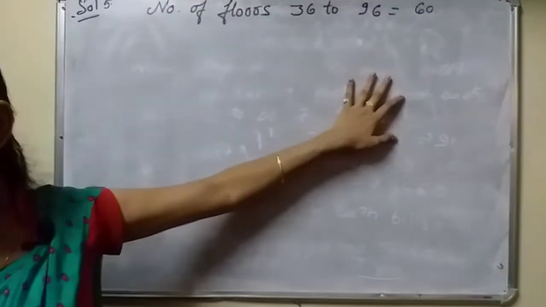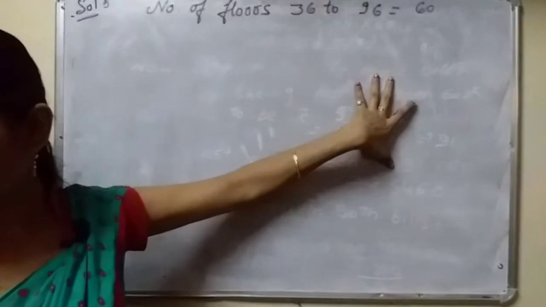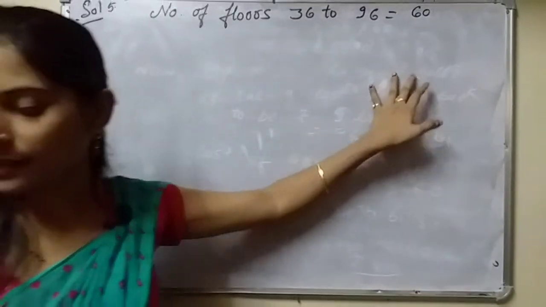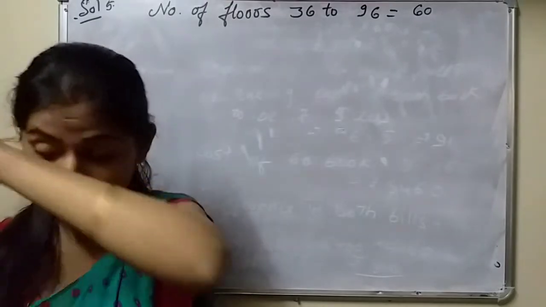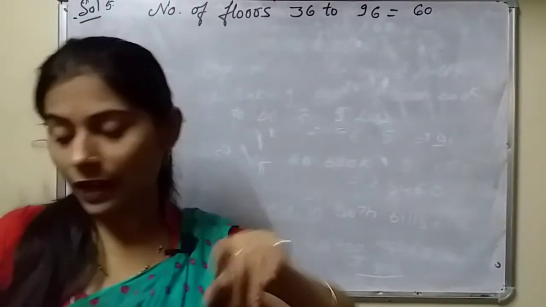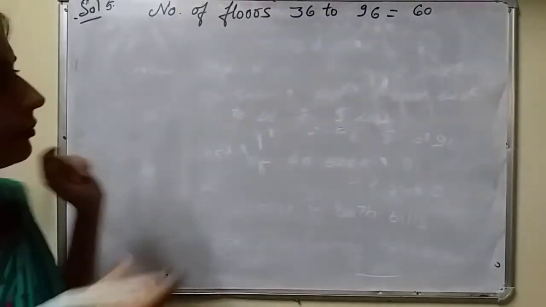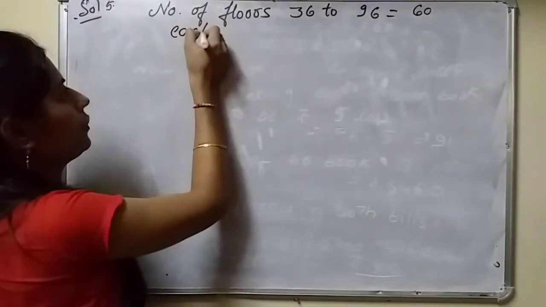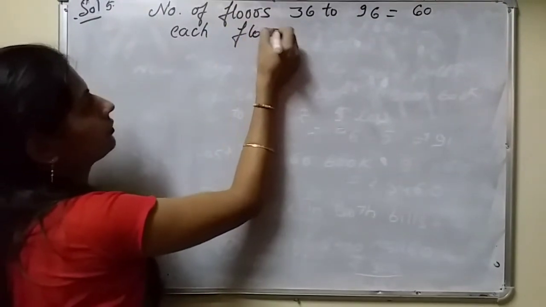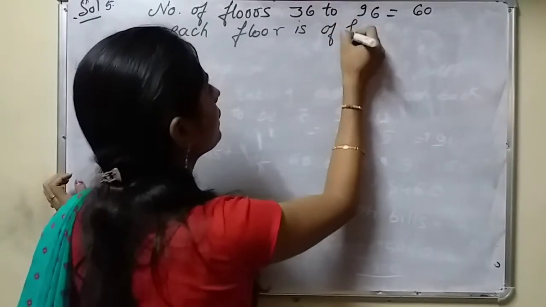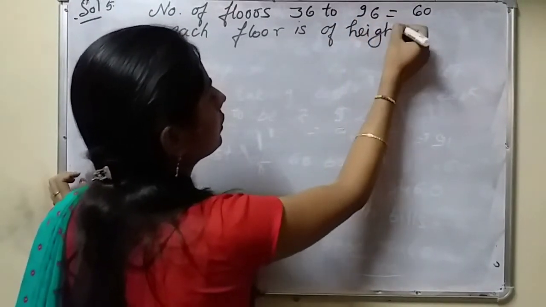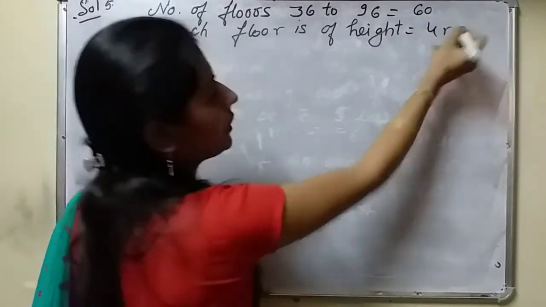Now see, the skyscraper is 4 meters high per floor, it means each floor is of height 4 meters. Each floor is of height equal to 4 meters.